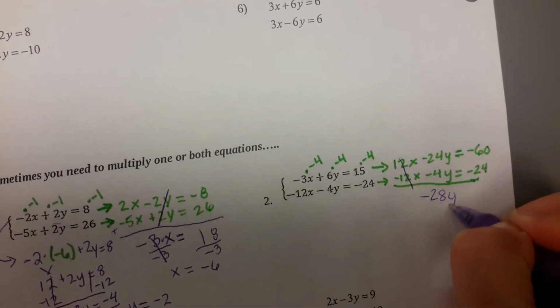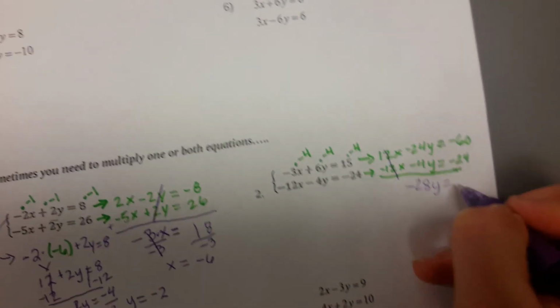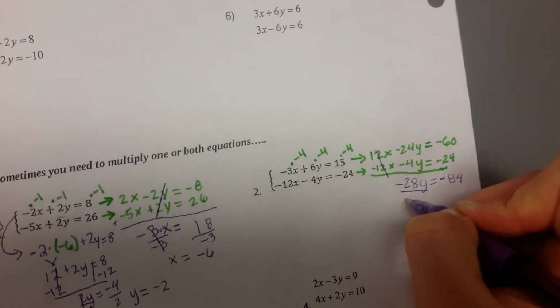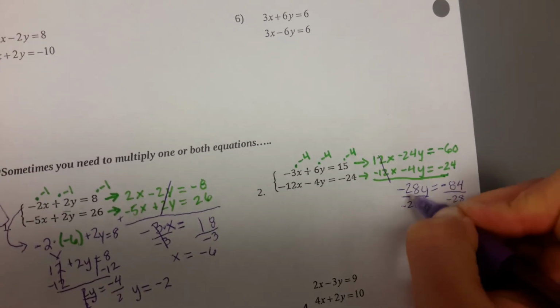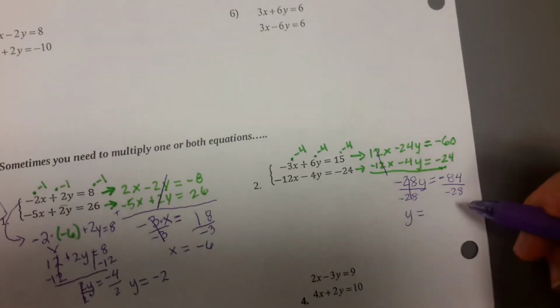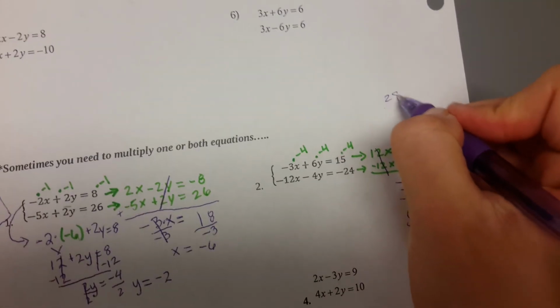-24y minus 4y is a -28y. I just combined my like terms. -60 minus 24 is a -84. And then we divide by -28, divide by -28. Y equals, a negative divided by negative is a positive. 28 goes into 84. Let's see, I'm guessing 4 times.